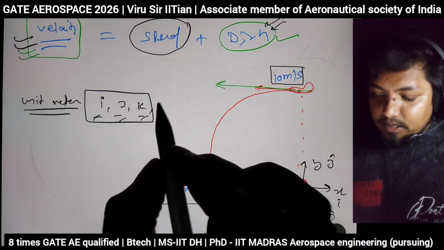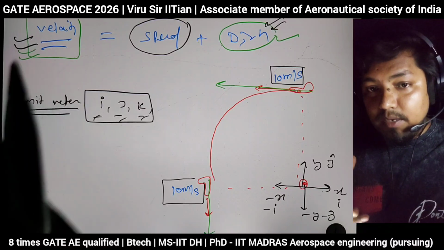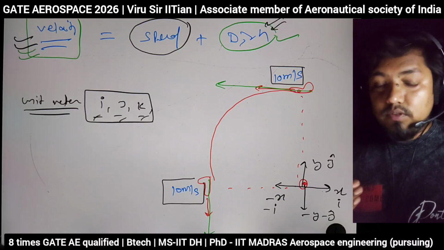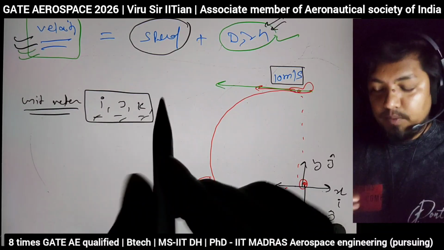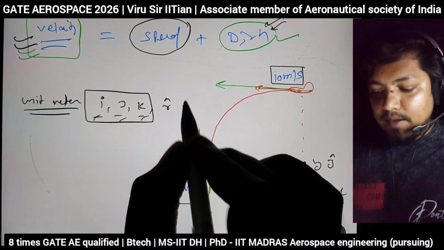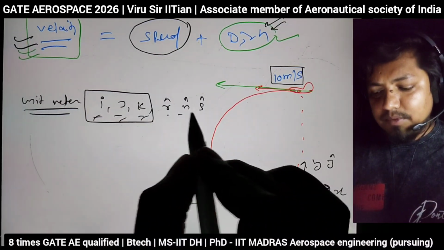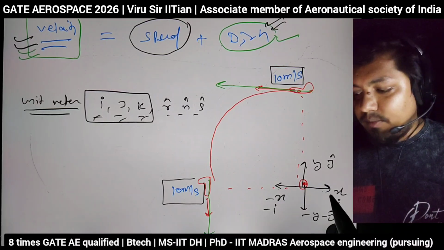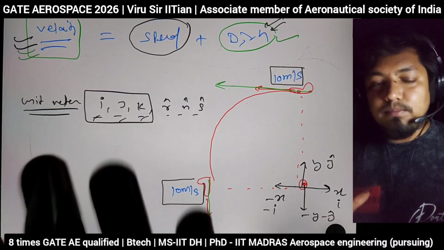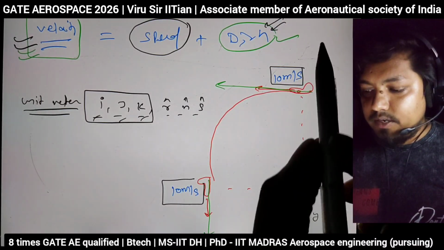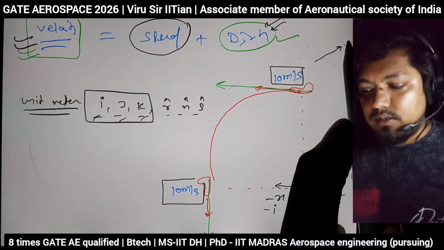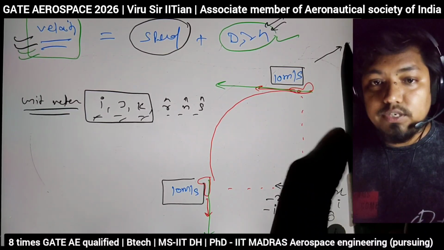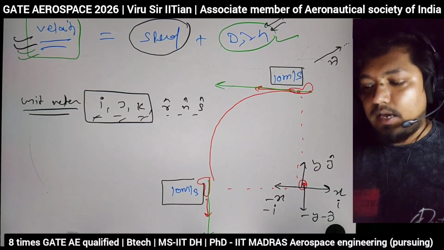But other than that, if there is some important direction that is local for us, in that case you can have r cap, n cap, s cap, something k cap. We define our own. Suppose I am not at all bothered about x, y, z directions. I am doing some problem, or in my real life practice I need a direction which is neither x nor y nor z. In this case I will say n cap.